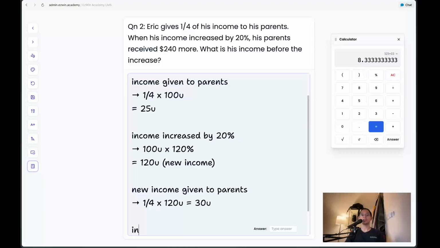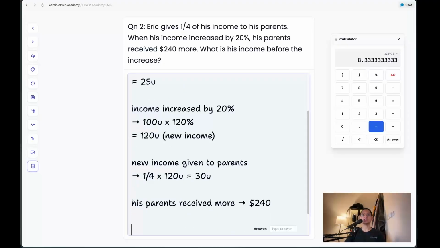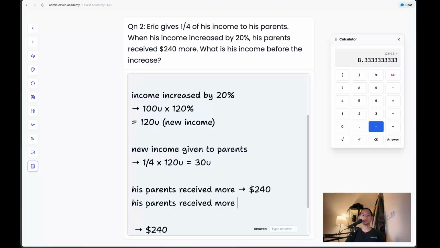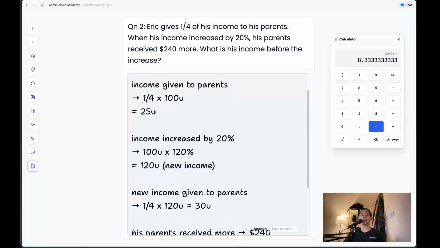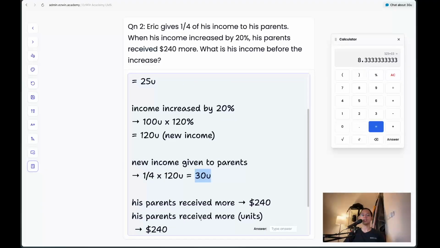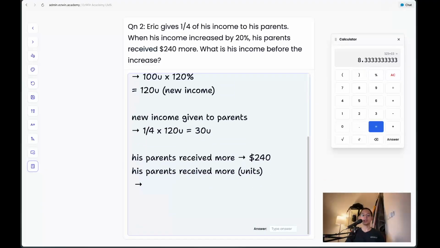So the amount his parents received more, in this case, is $240. And his parents received more in terms of units. So before it was 25 units, after it's 30 units. So that means 30 minus 25, and this will give us 5 units, which means 5 units equal to $240.